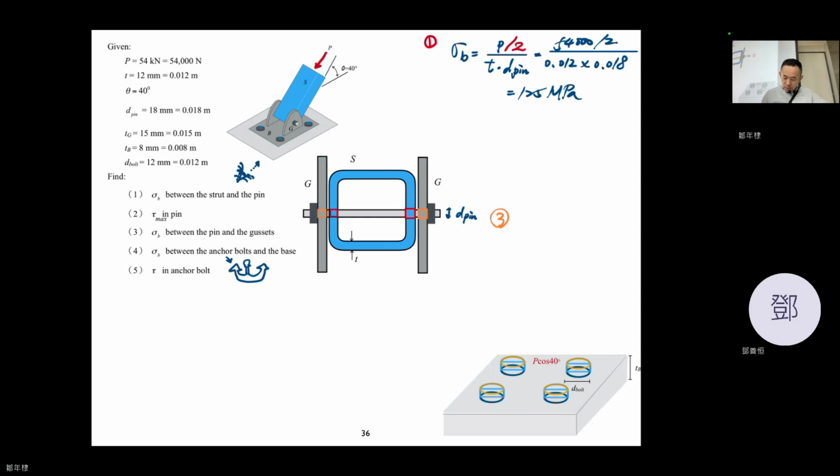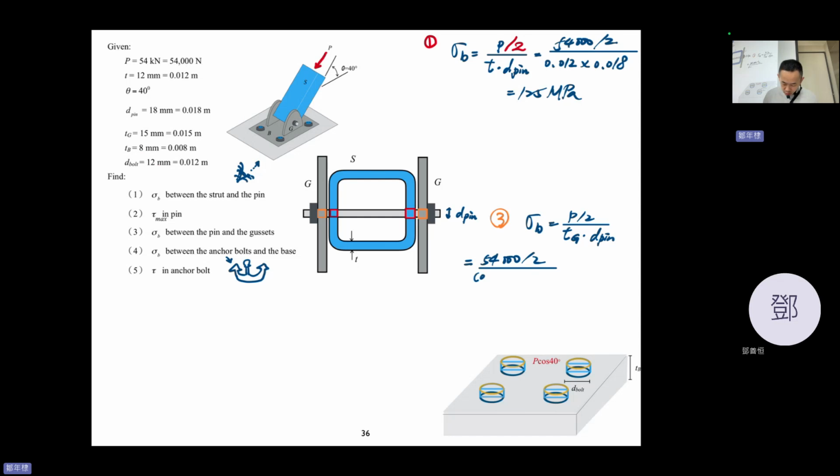So sigma B equals P divided by 2 times TG times D pin. The first one and third one are actually similar.